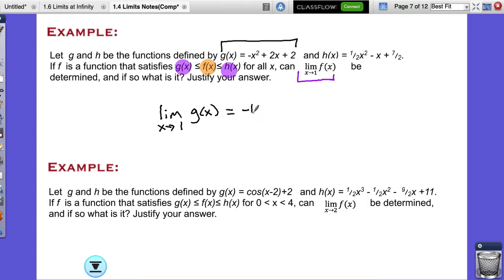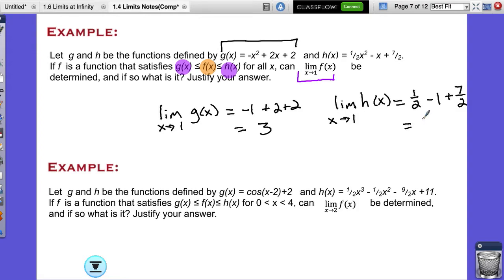That would be negative 1 plus 2 plus 2, so that's 3. And I would find the limit of the H of X function as X approaches 1. That would be 1/2 minus 1 plus 7/2 when I plug the 1 in. Which also gives me what? 3.